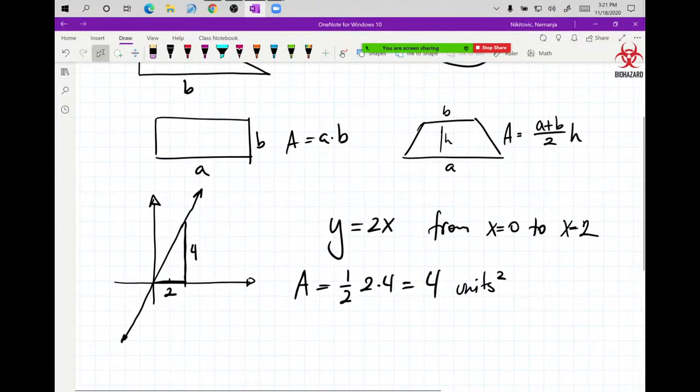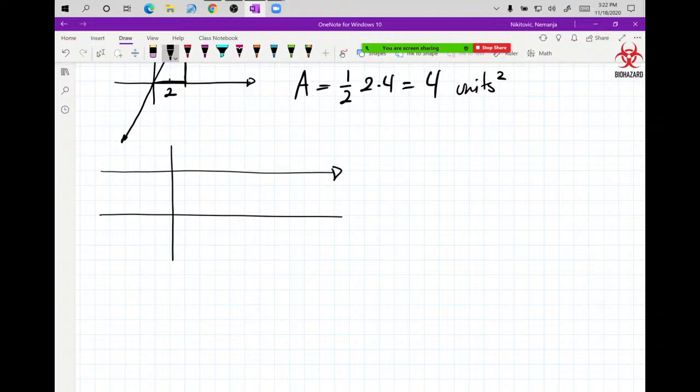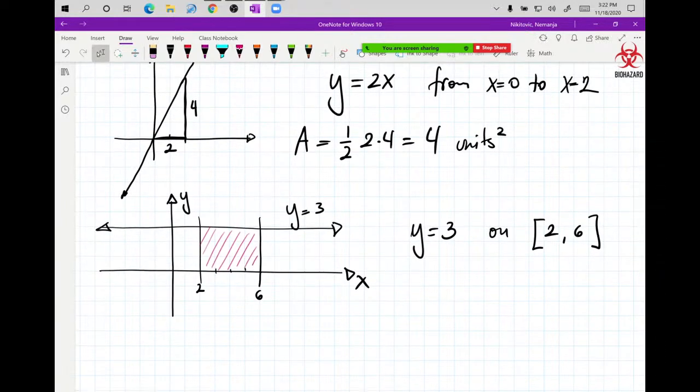Same happens if you are trying to find area under a constant. If you put this constant line here, which is y equals 3 in my case, on the interval 2 to 6. 2 is right here, 3, 4, 5, 6 is right here, and I'm looking for area under the curve, and the curve is just a straight line.